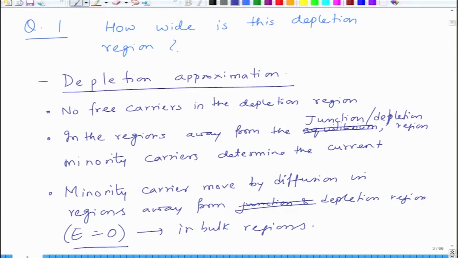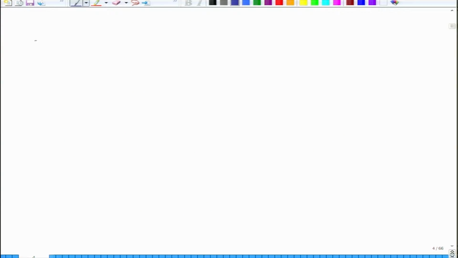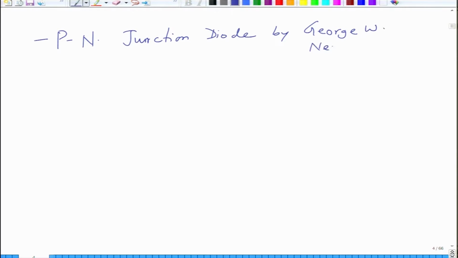Before I go into a little bit more detail, let me just mention the books. Books could be p-n junction diode by George W. Neudeck, and by S.M. Sze.